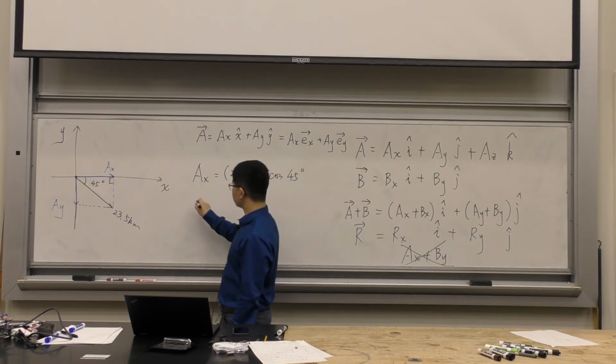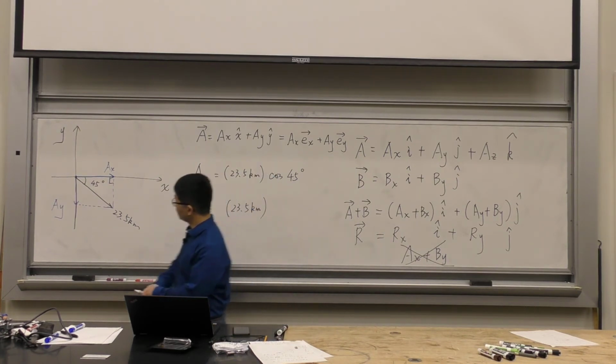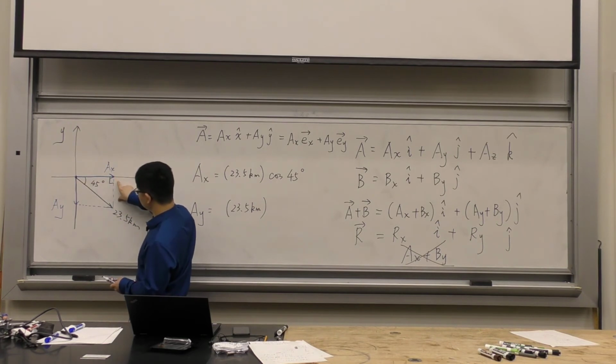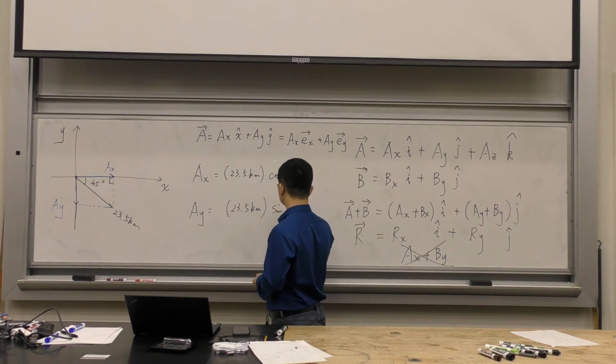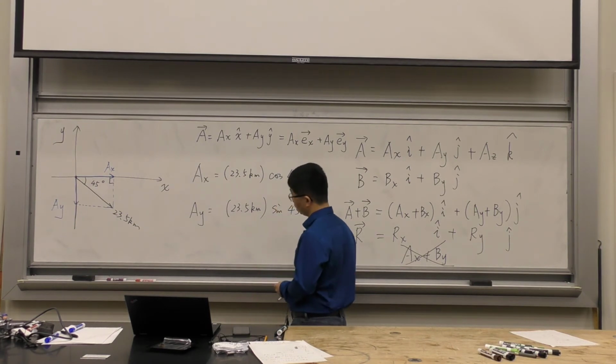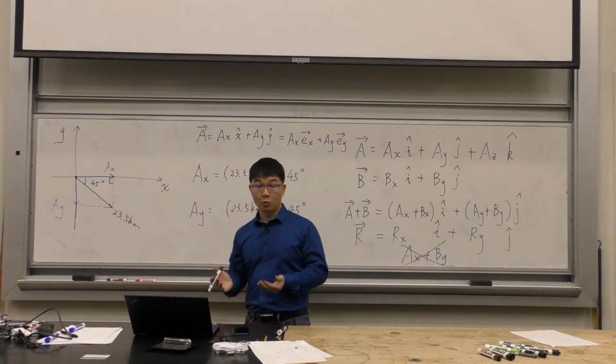Now you do the same thing for ay. You do this number times, now this ay is also this side, right? So if I want to find this side, the magnitude of this side is going to be the hypotenuse times sine of this angle. So that's going to be the length of each component.